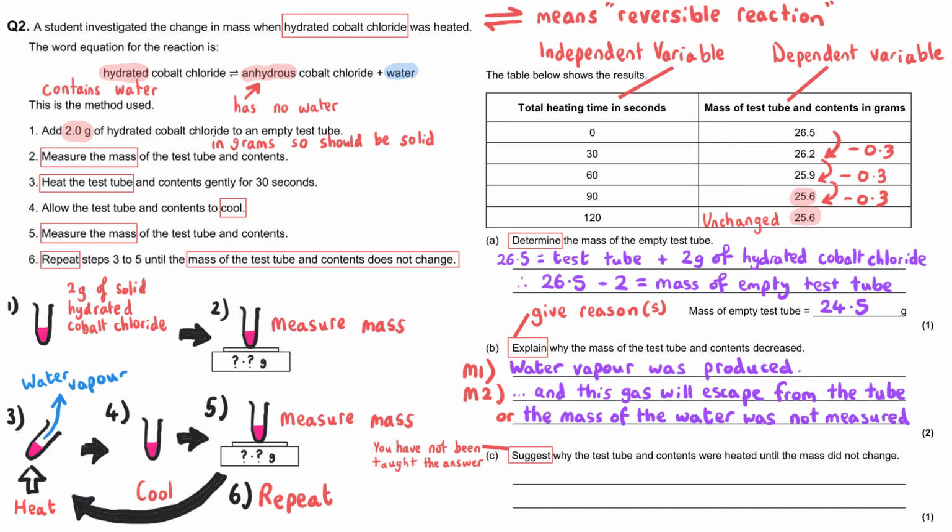What that allows us to do is be confident that all the hydrated cobalt chloride had evaporated, or in other words, all the water from the hydrated cobalt chloride had evaporated, and any reaction that was occurring has now ended, and no more water will have been produced.